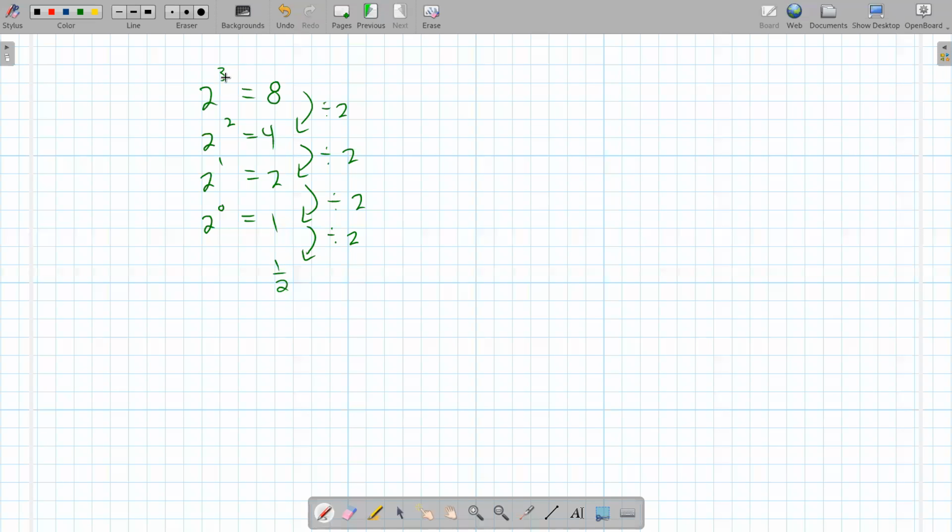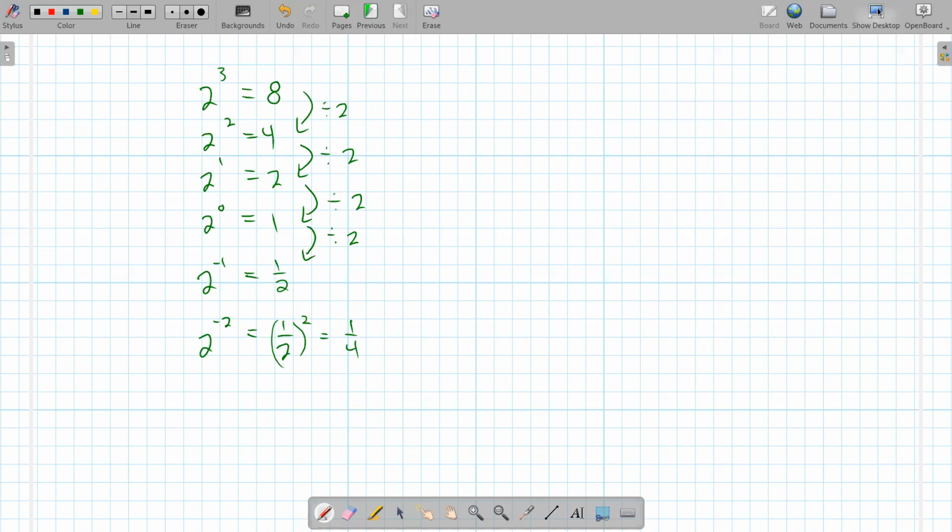The pattern on the other side is drop the power by 1, so the next obvious power is -1. So I get 2 to the -1 is 1/2, right? I'm flipping the base. What would 2 to the -2 be? That would be flip it and square it. So if I flip it and then square it, I get 1/4, which also fits that divide by 2 pattern. So negative exponents flip the base.